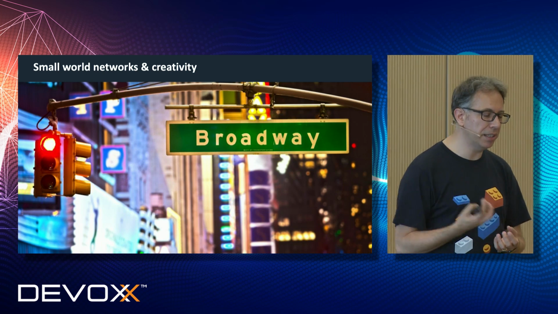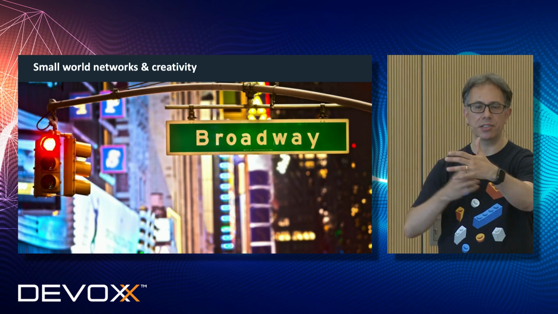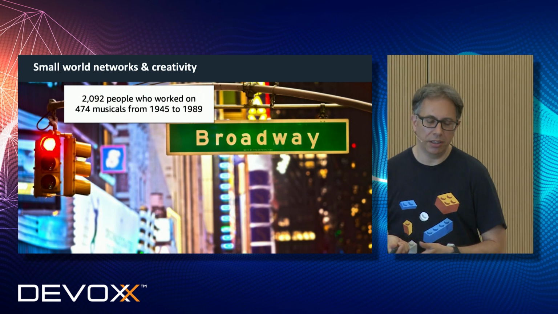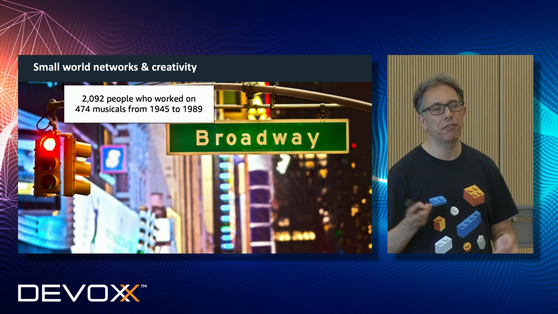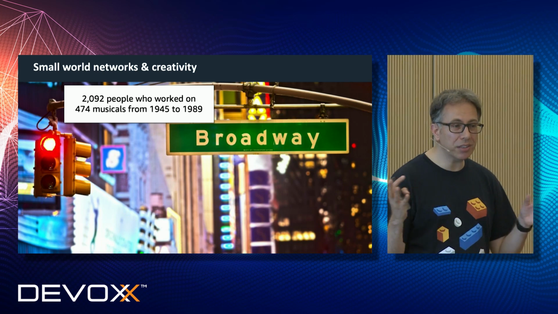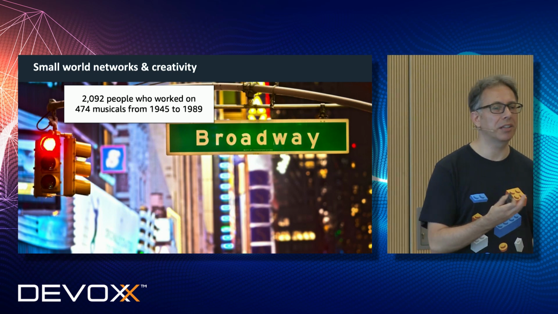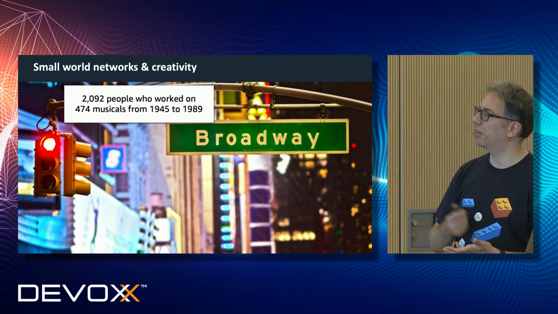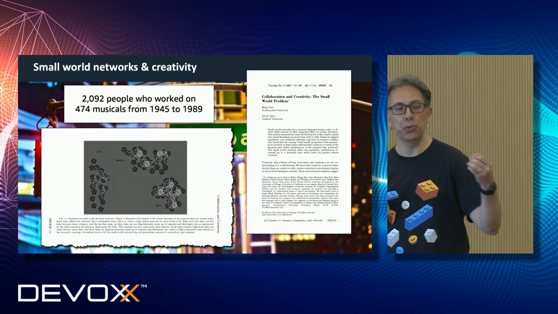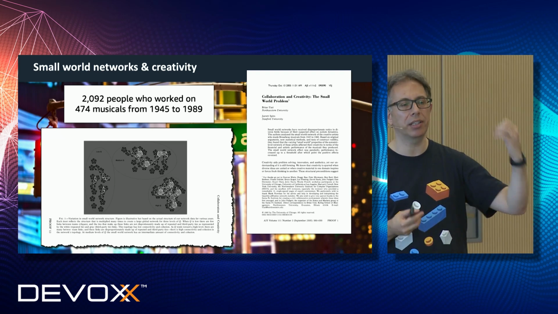This is a problem that normally in analytics is called the small world networks. There is a small network of social relationships here. So someone looked into what 2,000 people did in 40 years, and they worked in 400 or 500 musicals, and they wanted to see how the team was working, good or bad, in these musicals. So in this study, they actually created a parameter that is called Q, and this Q for each team was studying how often this team was working together with the same people.